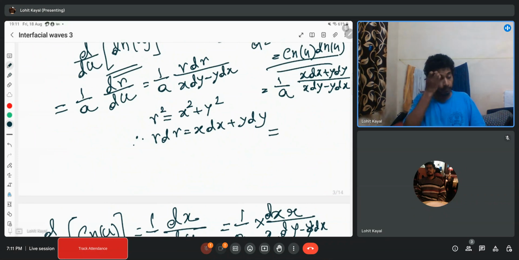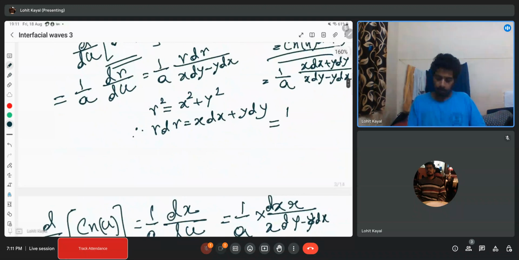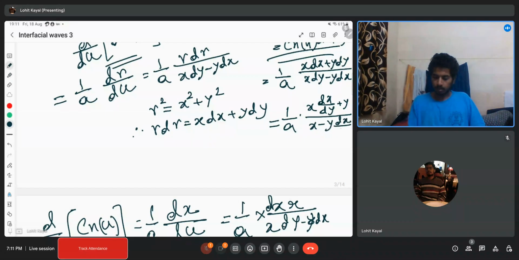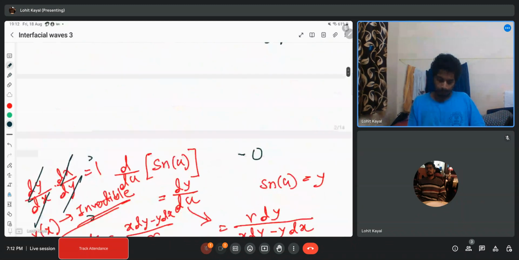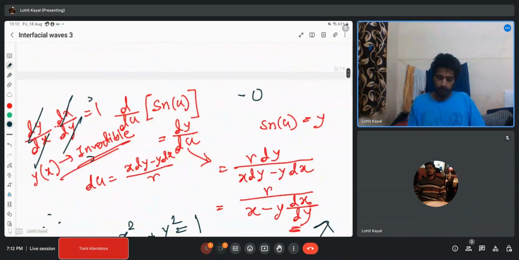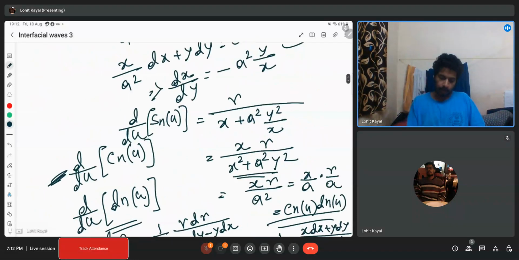Now let's divide it by dy, because we have the result for dx/dy. So it will be 1 by a times x times dx/dy plus y, x minus y dx/dy, which is equal to 1 by a into dx/dy minus a squared y by x.